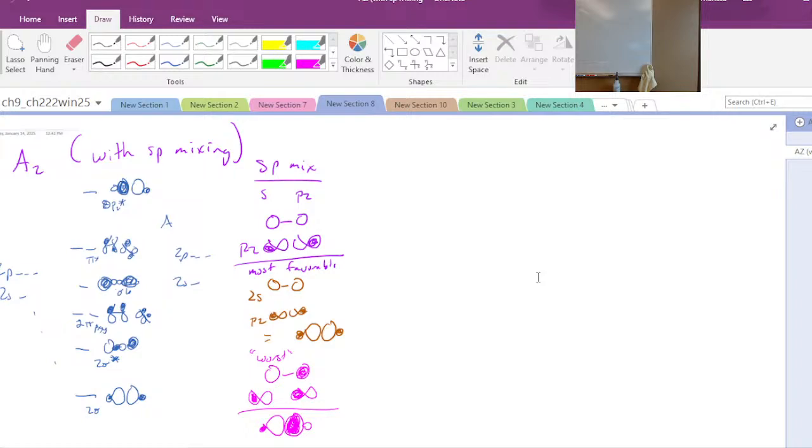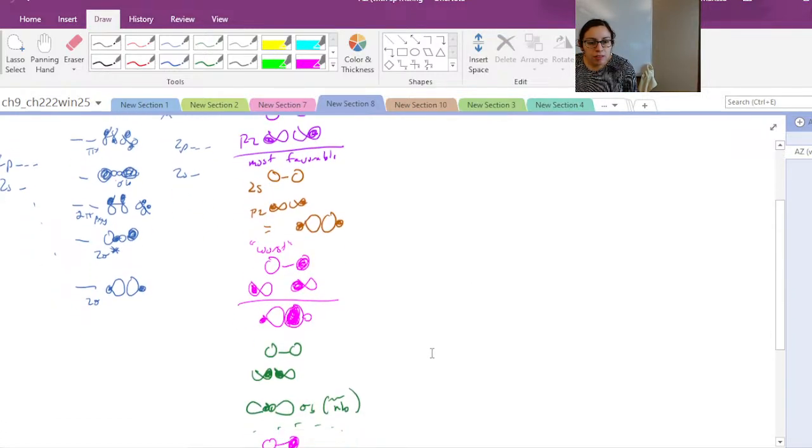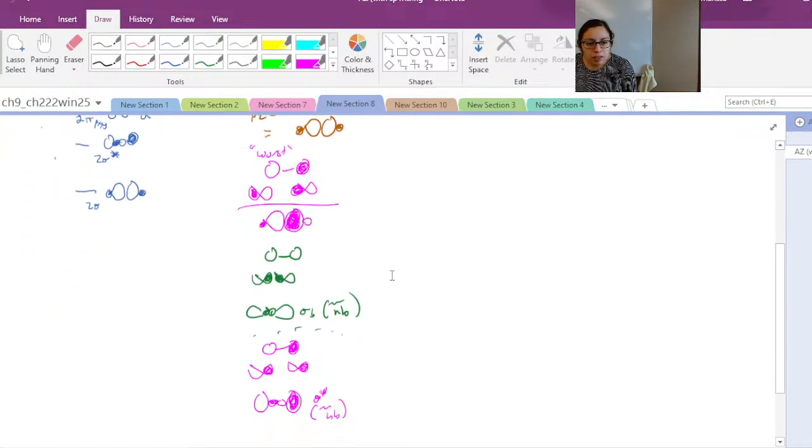Yeah, they're degenerate p orbitals, so they're, right, the x and the y free space. So that goes back to that mixing argument here. Because we made it non-bonding, right?